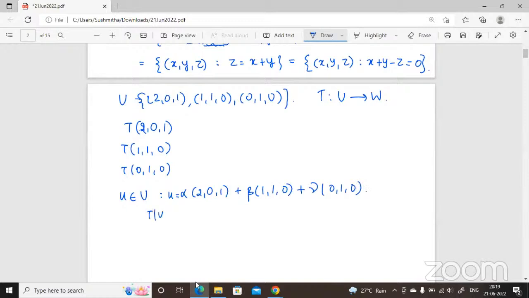So T of u is going to be alpha times T of (2,0,1) plus beta times T of (1,1,0) plus gamma times T of (0,1,0).